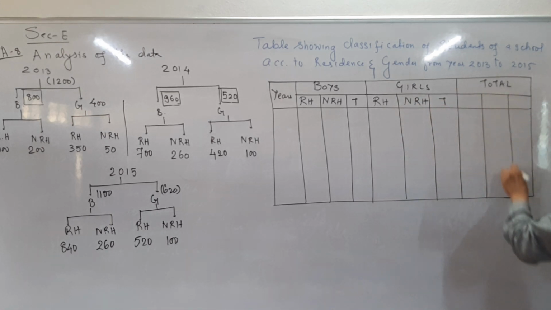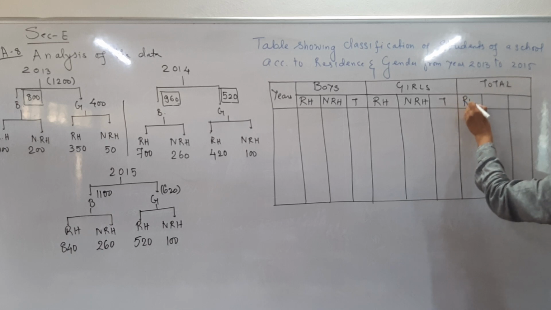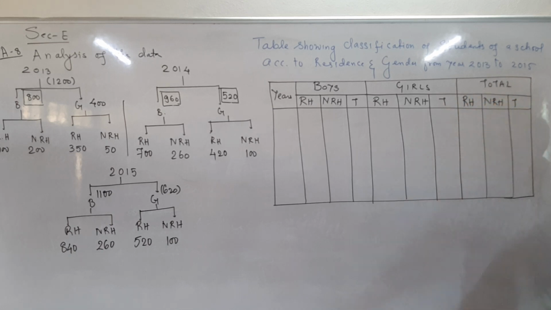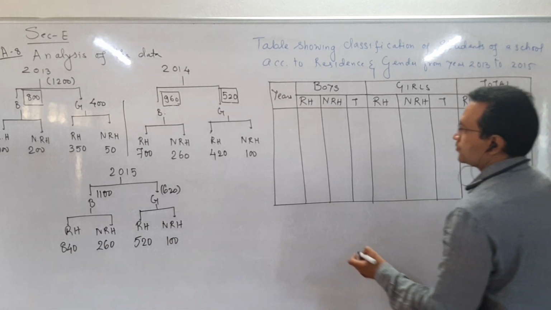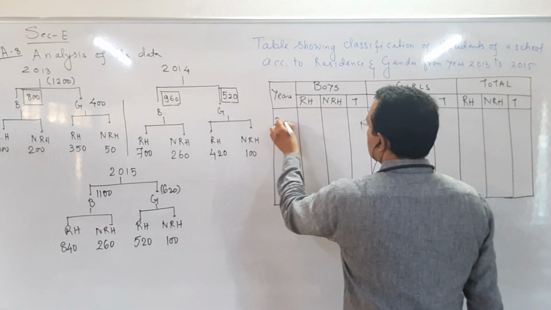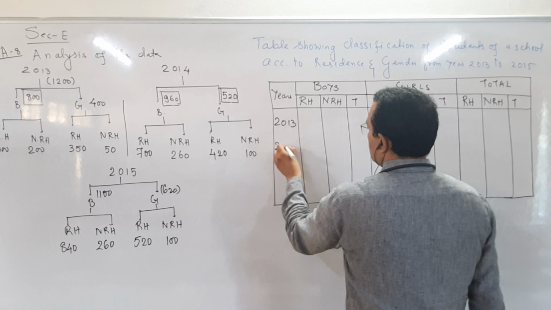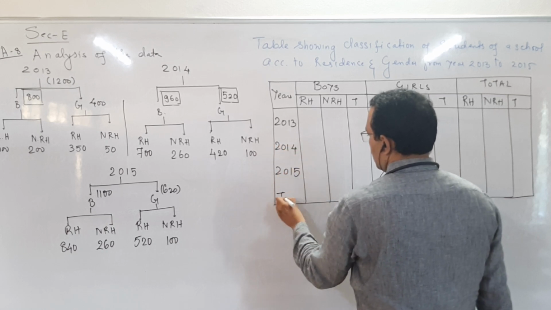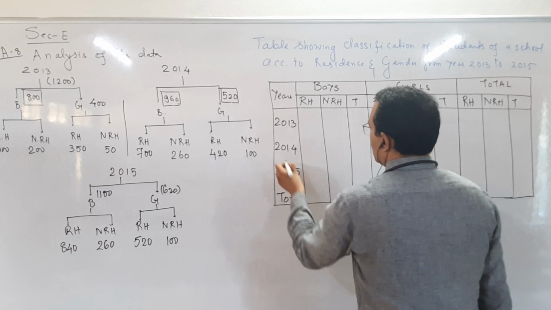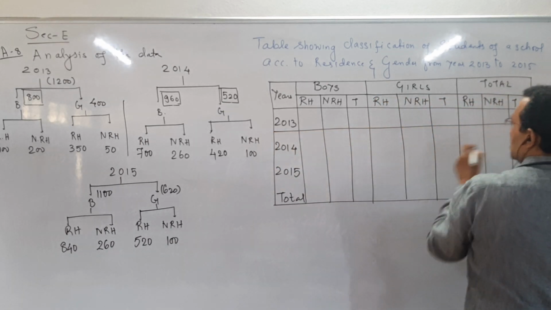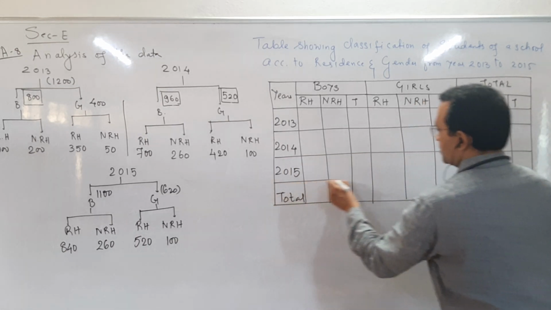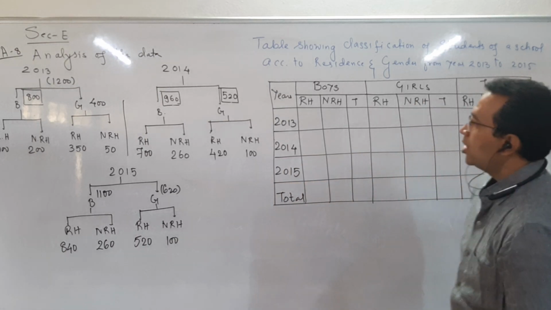Same way here also three parts: residing in hostel, not residing in hostel, and total. The first year is 2013, 2014, 2015. Again, total is horizontal and vertical totals we will have.